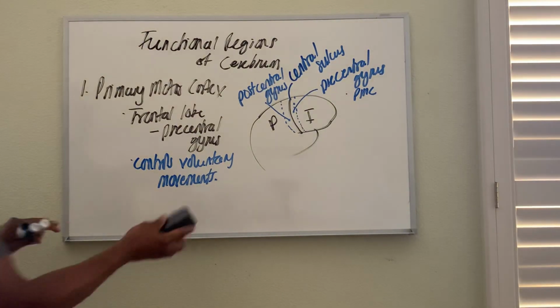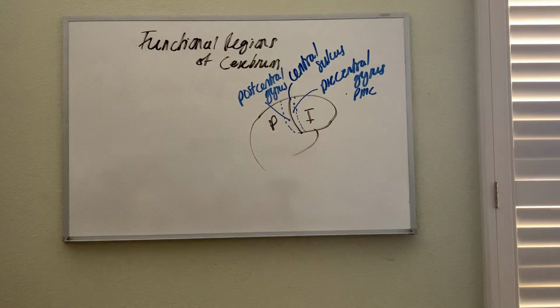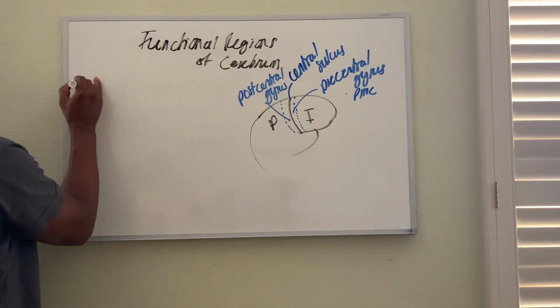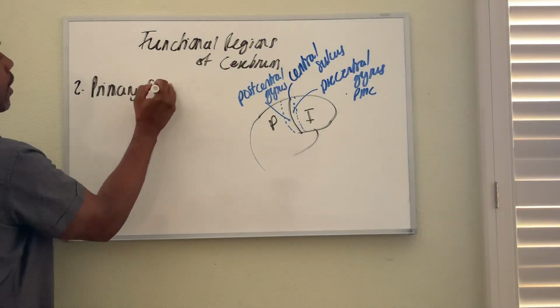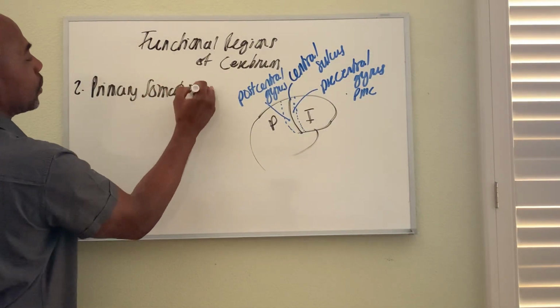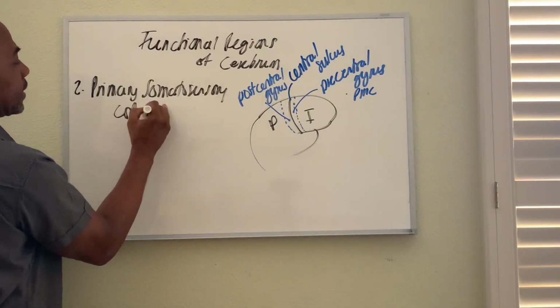If we go on next to another functional region, we have your primary somatosensory cortex.